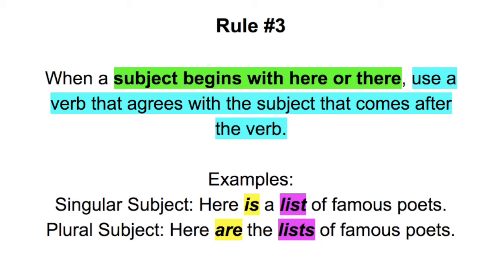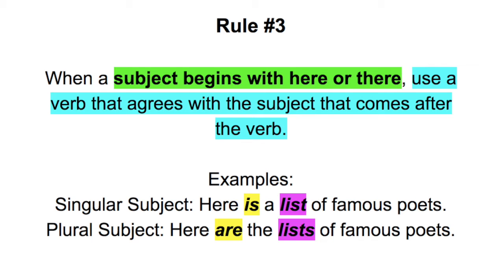All right, here is another one of the rules for subject-verb agreement that people tend to make errors with. When a sentence begins with here or there, use a verb that agrees with the subject that comes after the verb. Let's look at the example on page 46.